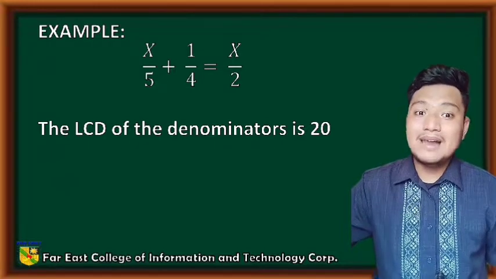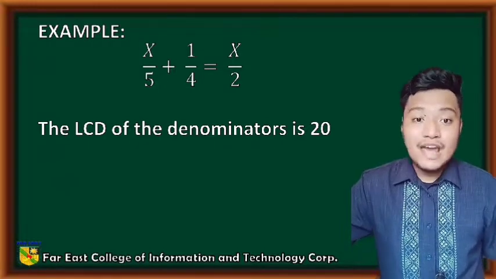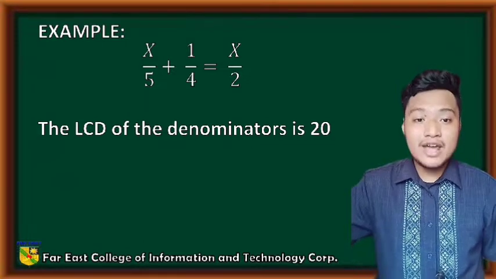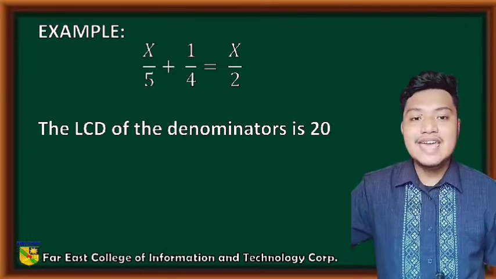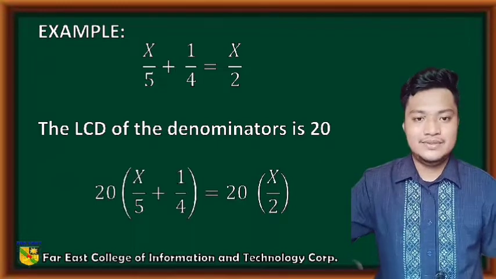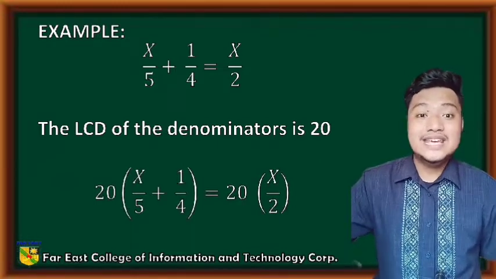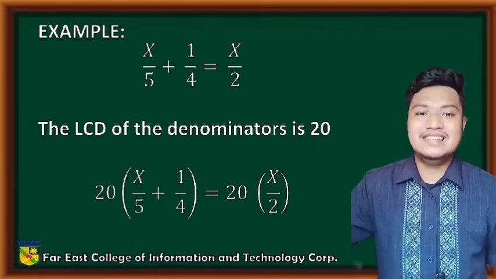So, ang pinakamalapit nilang kapareho o yung nag-iisa lang na kapareho dun sa pinactor natin ay 20. So, all you need to do is to multiply both sides of the equation.